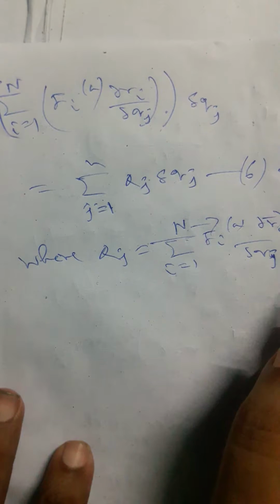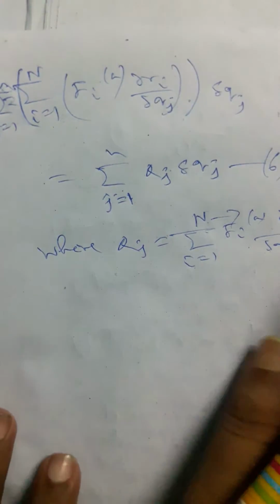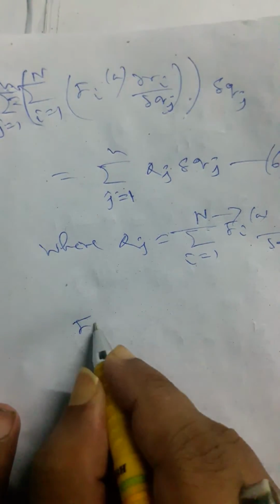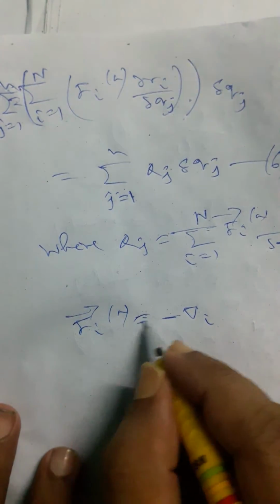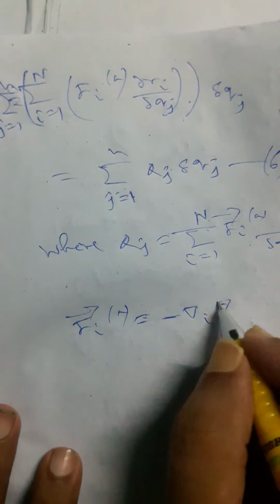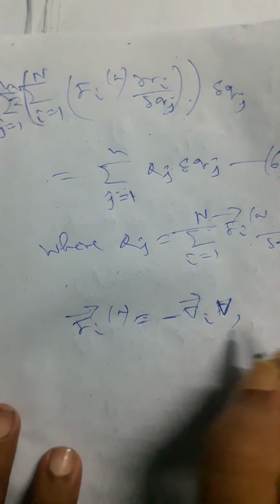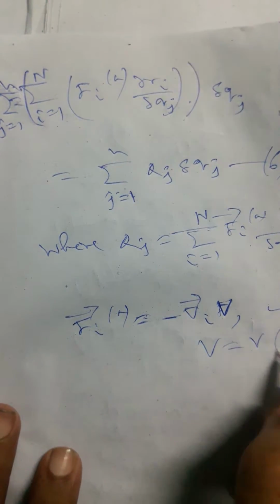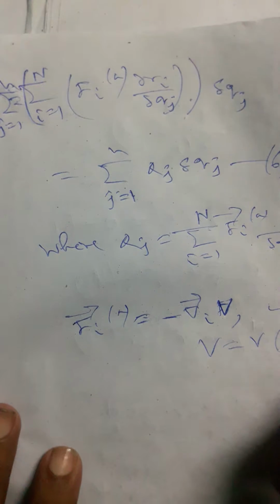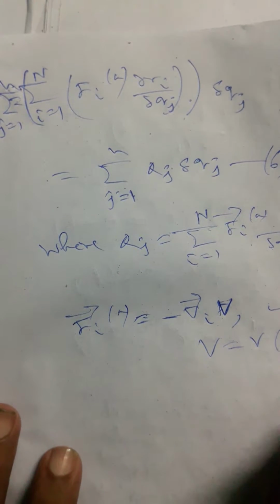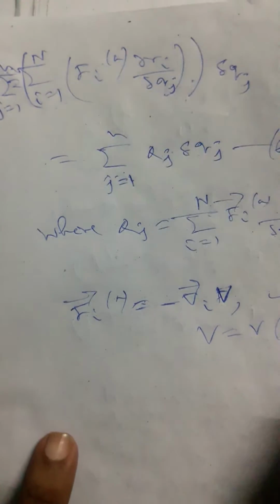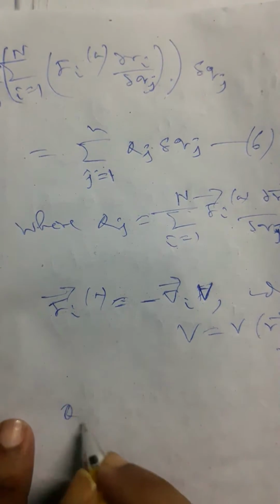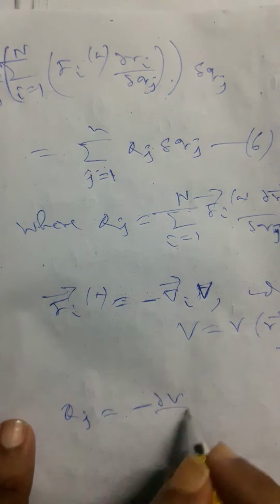Now, if the system under consideration is conservative, that is, Fi^a can be expressed in potential form, Fi^a equals minus grad of V, a scalar potential, where V is a function of r1, r2 up to rn and t, then consequently we can write Qj equals minus del V del qj.